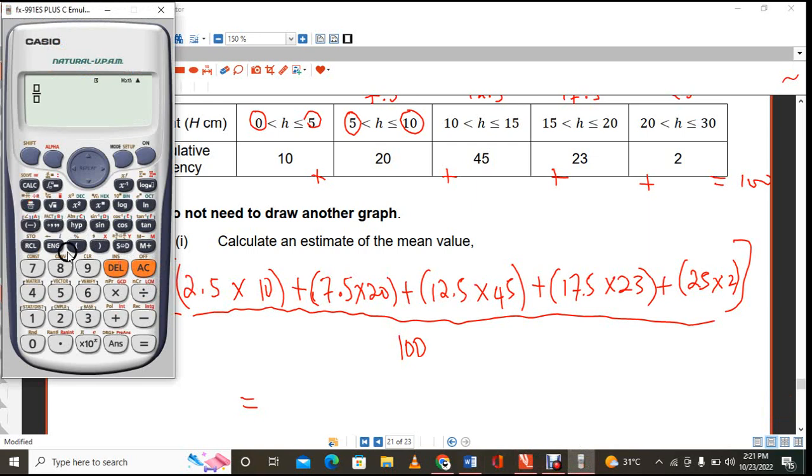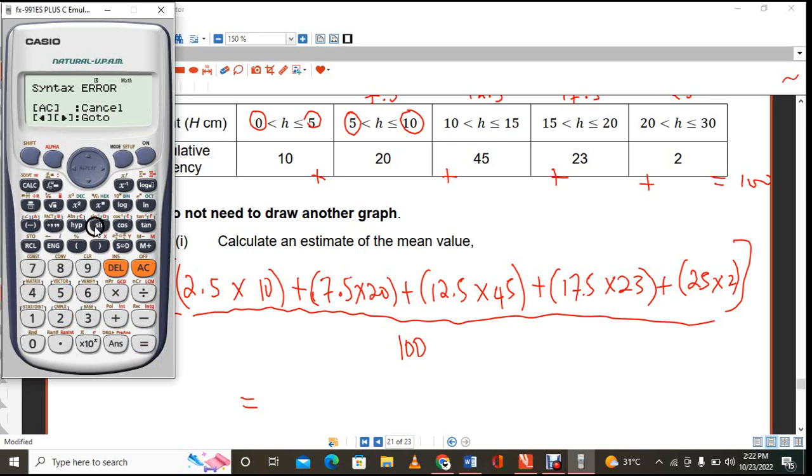All right, so I have 2.5 times 10 plus 7.5 times 20, I have 12.5 times 45 plus, in brackets, 17.5 times 23 plus 25. Let's put it in brackets. Then we have 25 times 2, which is 50.